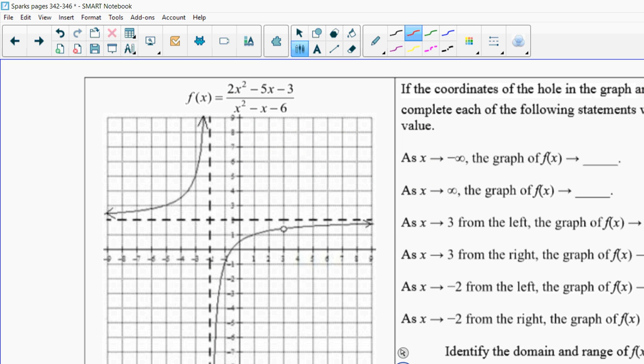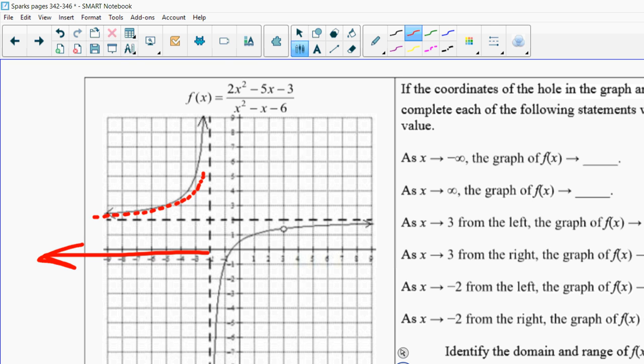Yes. Okay. Now, all we're going to do is fill in these blanks, and we're just going to do it by looking at the graph. As x approaches negative infinity, that means the x values are going this way. This says the graph of f of x approaches what? And that means the y values approach what? As x gets smaller, follow the graph.